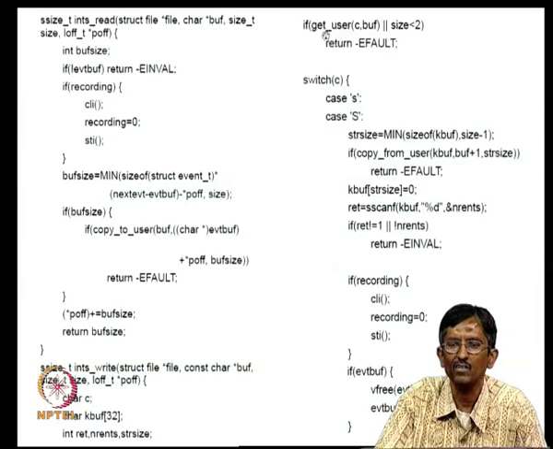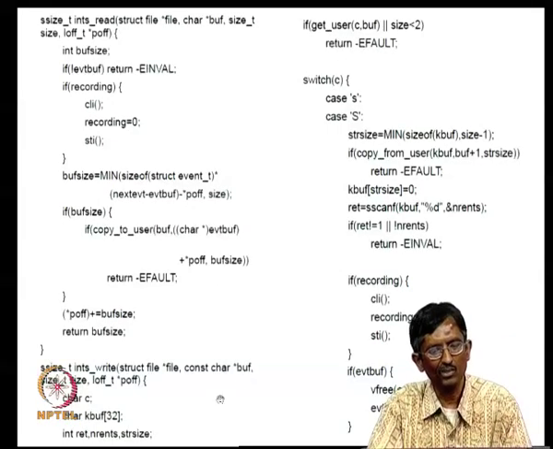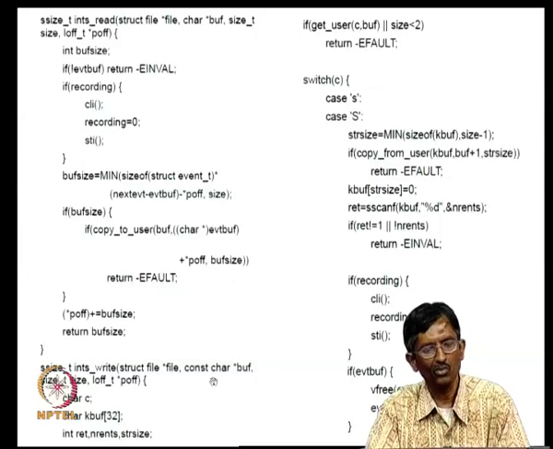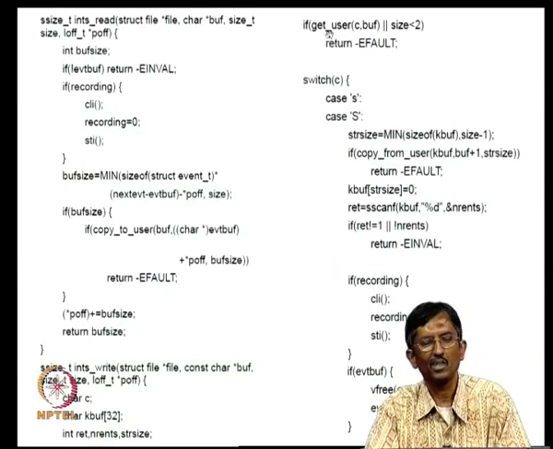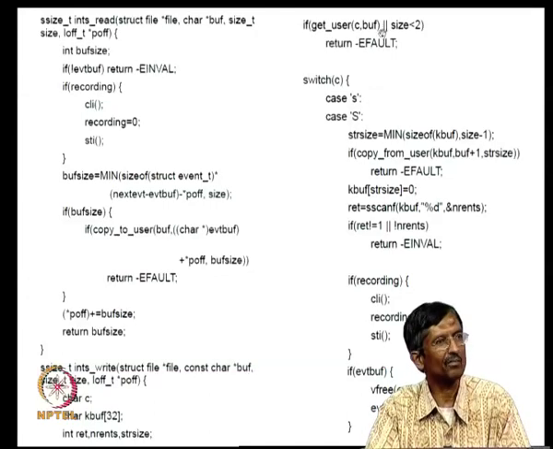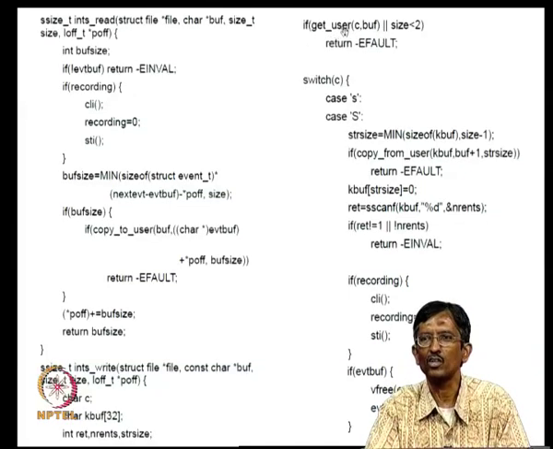Get_user is basically saying that somebody has given me a user space buffer. Instead of directly getting the character, I want to go through a function called get_user, which is written and provided by the kernel people.